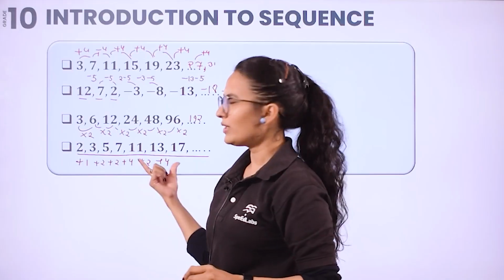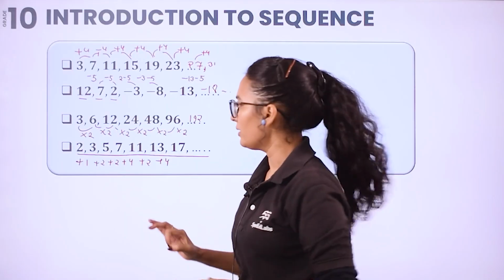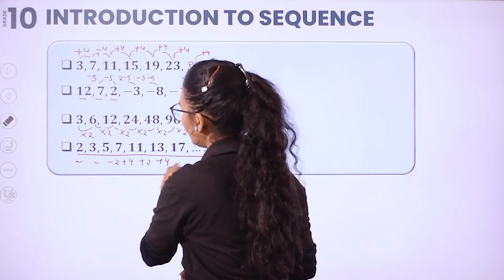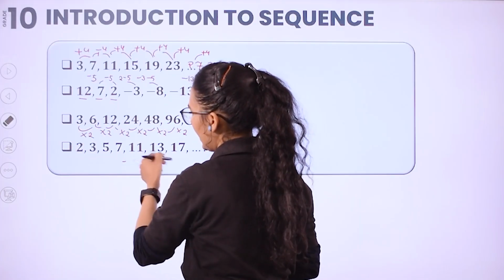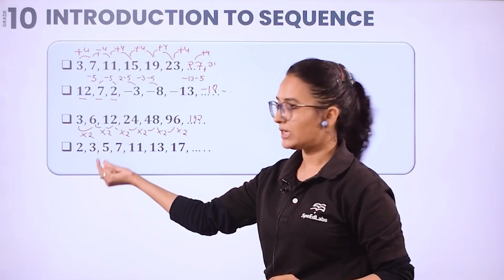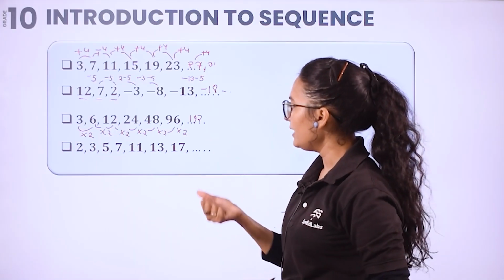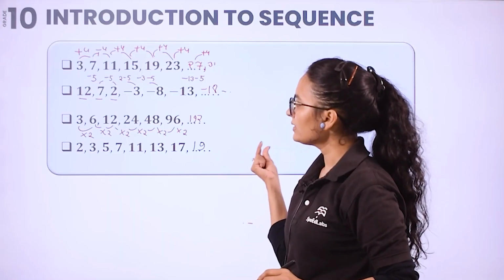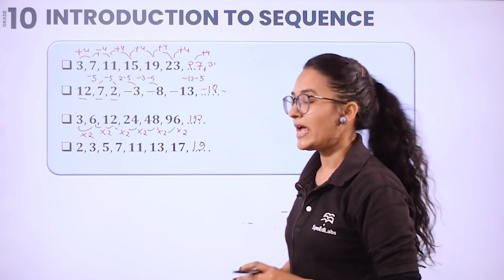So I'm not noticing any kind of fixed pattern here. But if I focus on the concept of prime numbers, do I see prime numbers here? Yes, these are nothing but your prime numbers. 2, 3, 5, 7, 11, 13, 17, right? I know the next number is 19. So I can see that it is a series of prime numbers.